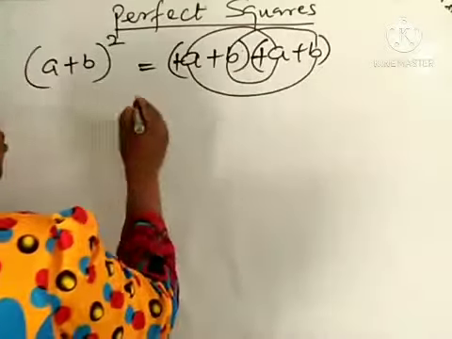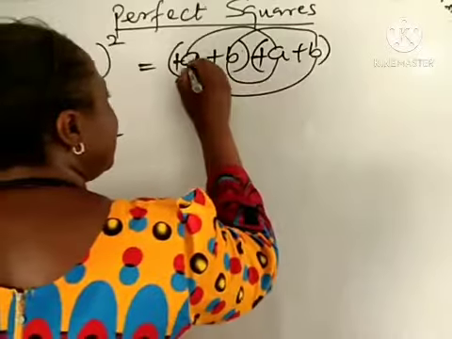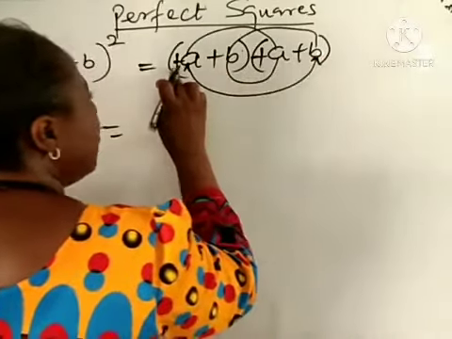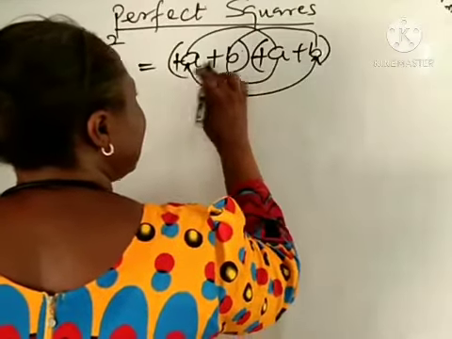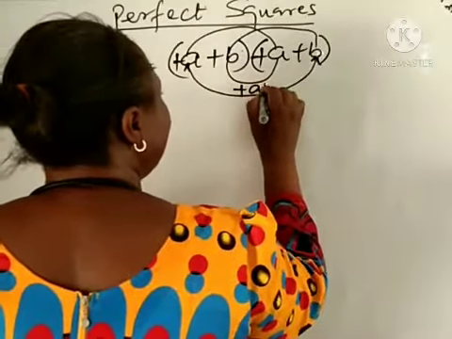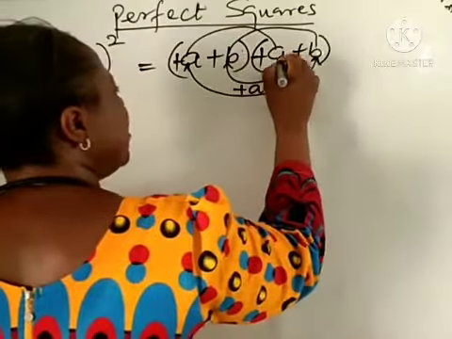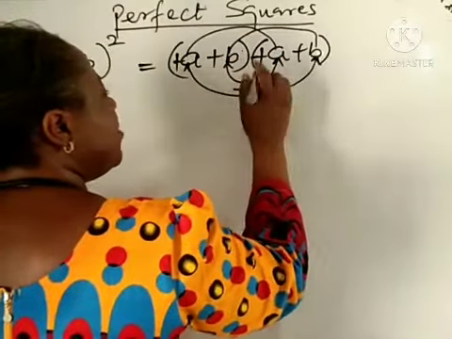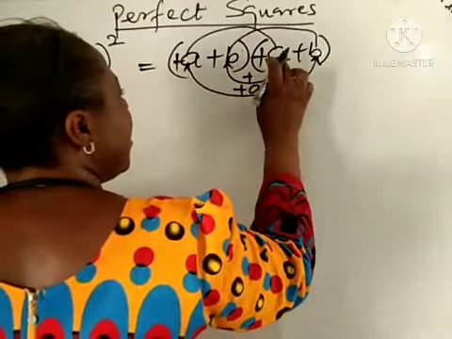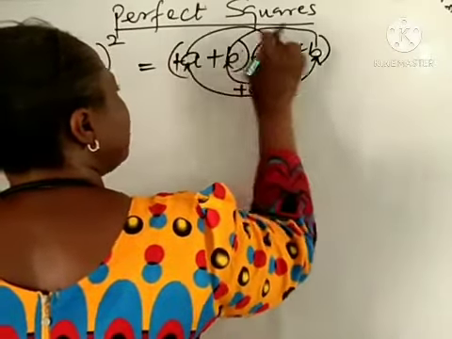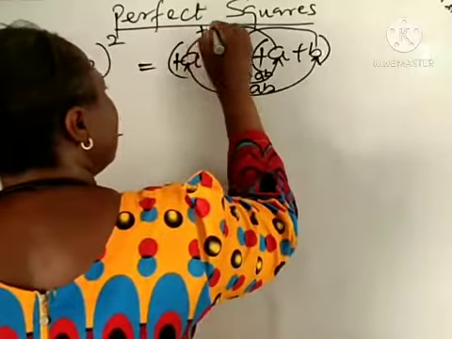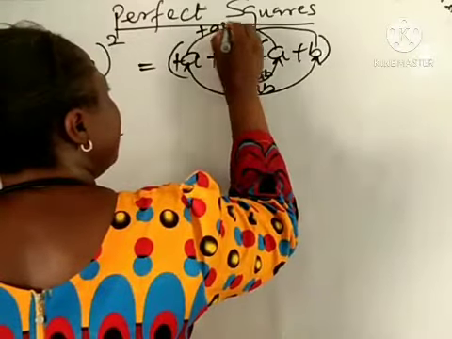So we now have, let's pick this one and this. Plus times plus, you are going to have plus. A times B, you have AB. Let's pick the second one. Plus times plus, plus. A times B, you have AB. Then this one, plus times plus, plus A times A will give you A square.